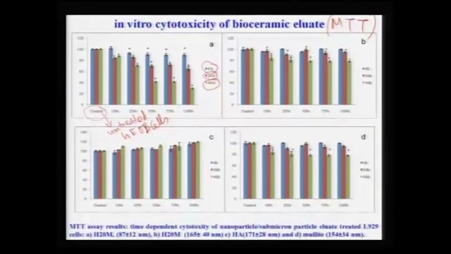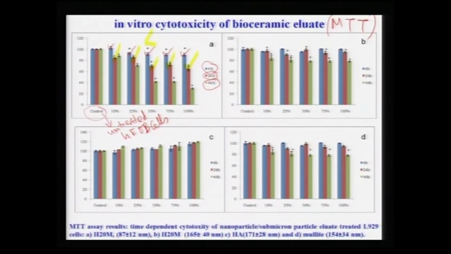Now, in the 6 hours, typically optical density values are relatively higher, that means most of the cells are surviving. After 24 hours, the number of cells has decreased for all concentrations. Agree with that?